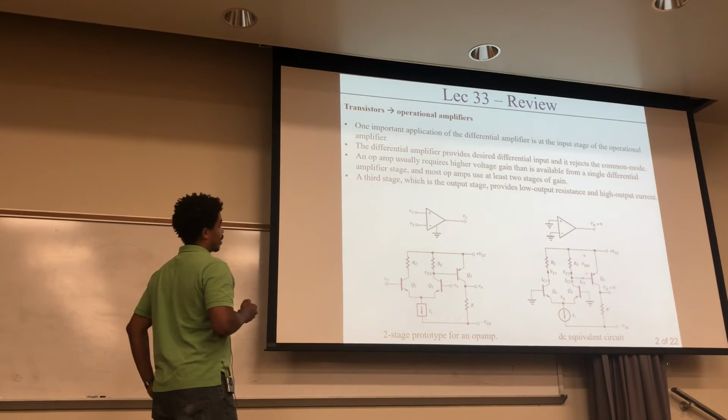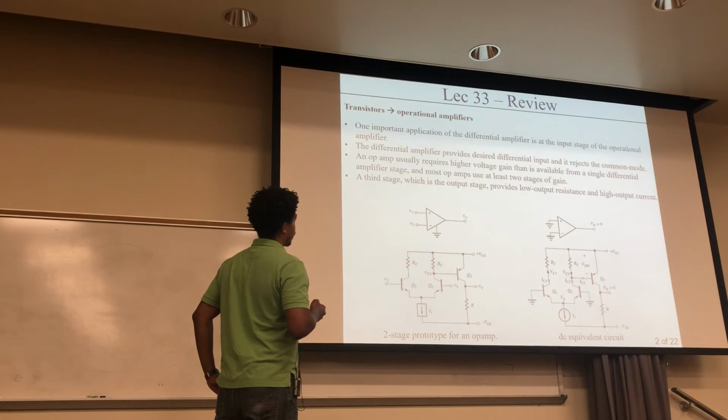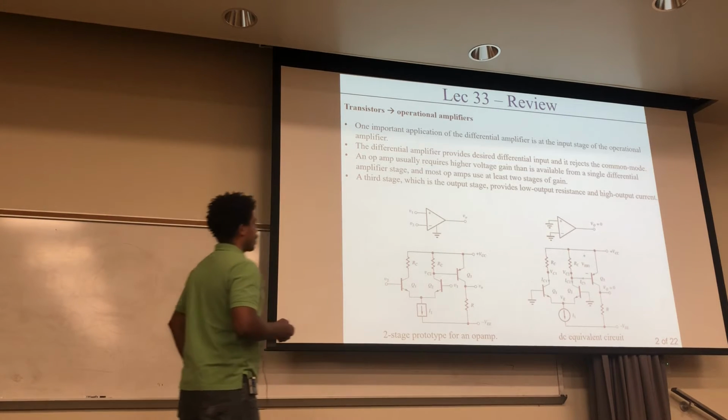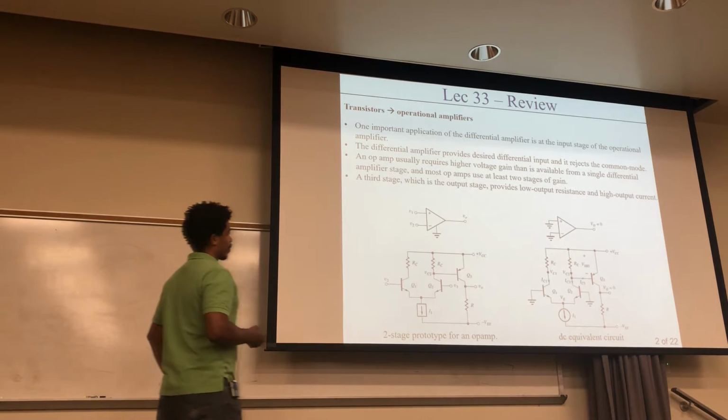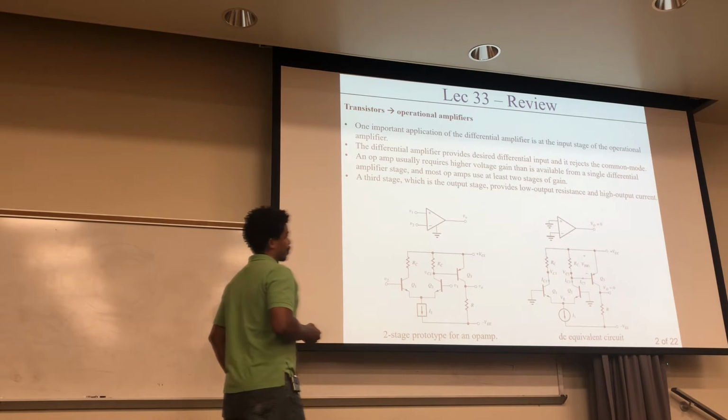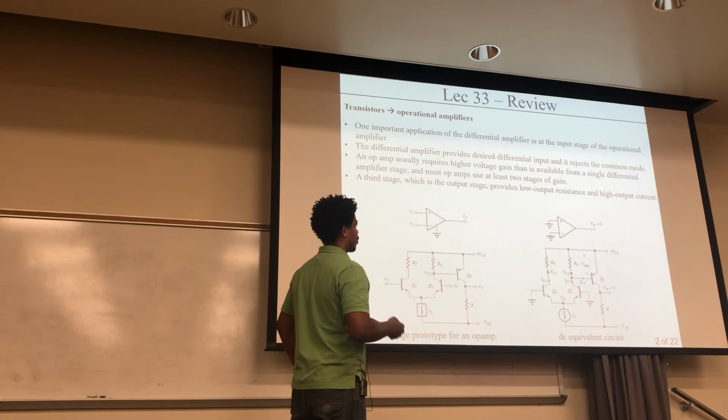And also that third stage at the end, which is used as the output stage, provides a low output resistance and high output current. So we started looking at this right here, which is the 2-stage prototype for the op-amp. And we looked at this DC equivalent circuit.